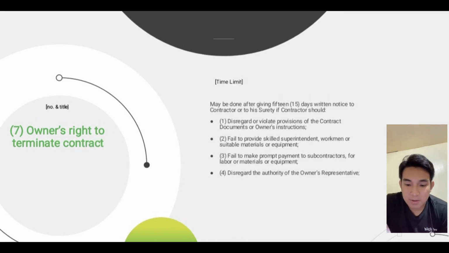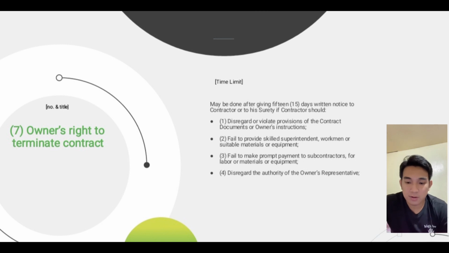Next is, may be done after giving 15 days written notice to the contractor or to his surety if contractor should: Number 1, disregard or violate provisions of the contract documents or owner's instructions.